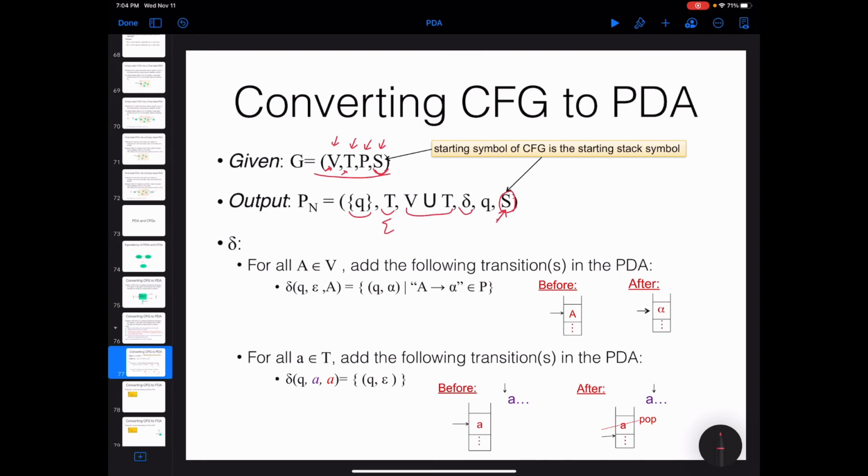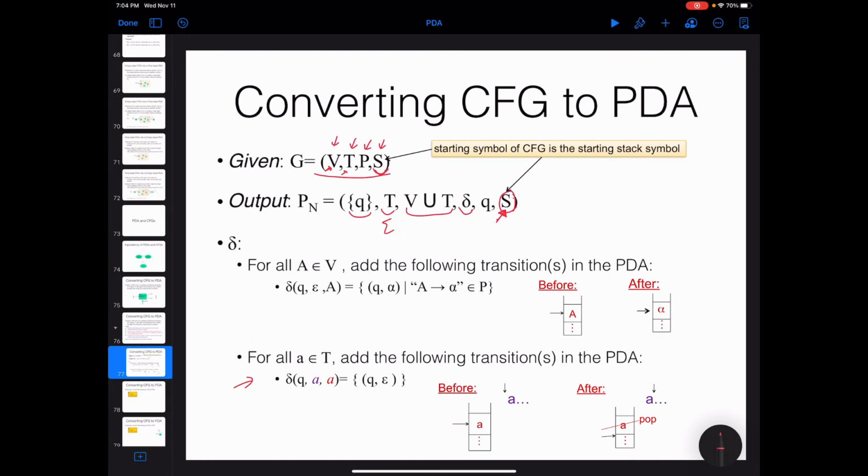Here it tells you that the initial symbol of the stack, what we have in the stack at the very beginning, is going to be the same starting symbol that we have for the grammar. All the transitions that we need to add can be divided into two types of transitions. I'm going to first explain this one.